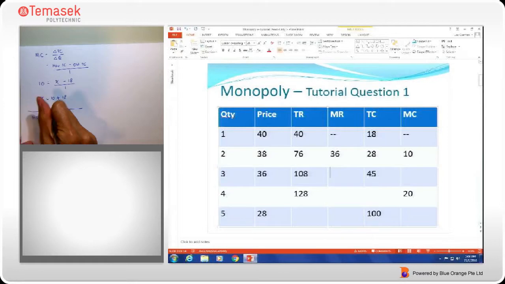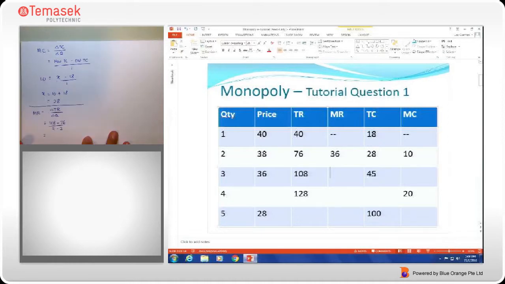MR equals change in TR over change in Q, which in this case is 108 minus 76 over 3 minus 2, which is equal to 32. So write that in there.